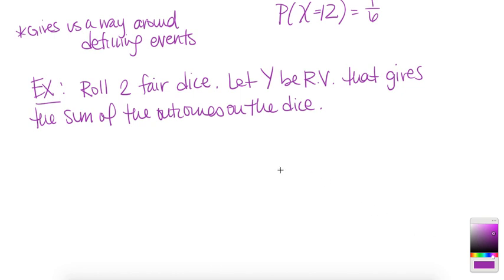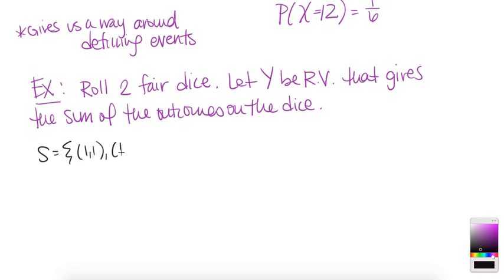Okay, so we've actually really been talking about this example a lot. We've done many probability examples where we roll and then we add the 2 dice together, and this is just giving us a nice way to do it.